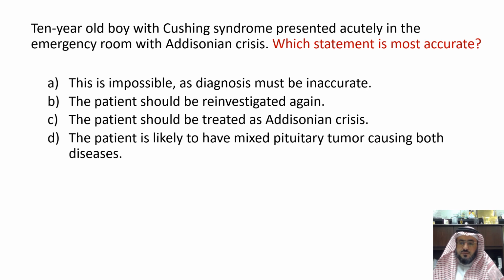Yes. Because he presented with Addisonian crisis, we have to treat as Addisonian crisis. Then, if there is any doubt about the diagnosis, we reinvestigate. C, the patient is likely to have a mixed pituitary tumor causing both conditions? No, cannot be. So the answer is C.